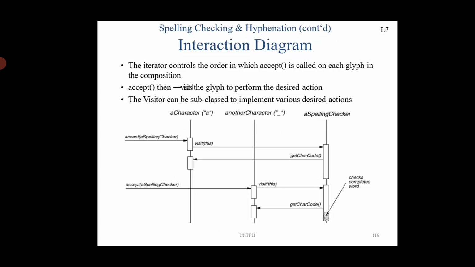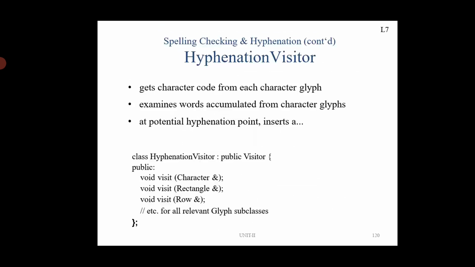Then we need to visit this in the spelling checker, and then we need to get some character code there, and we need to perform accept on the spelling checker, and interact with the visit of this function, and then we need to check the completed word here, and then get the char code function. This is the concept of the interaction diagram.